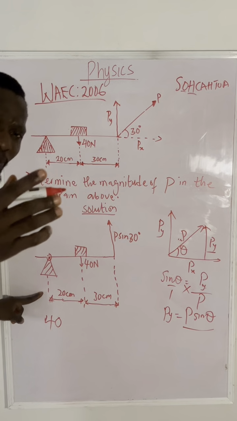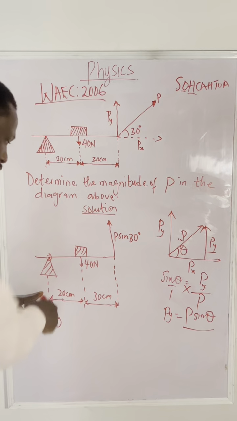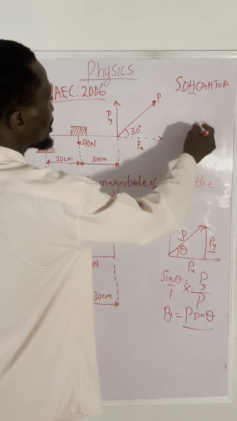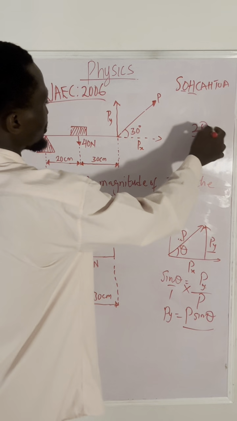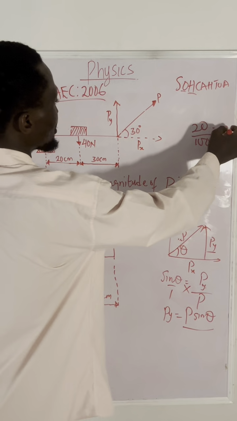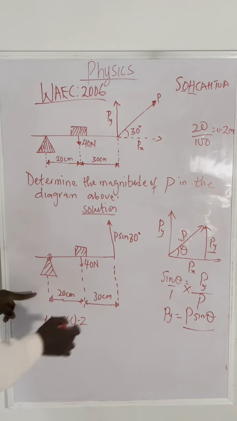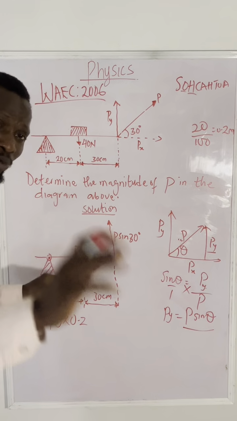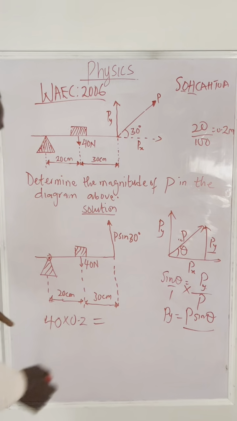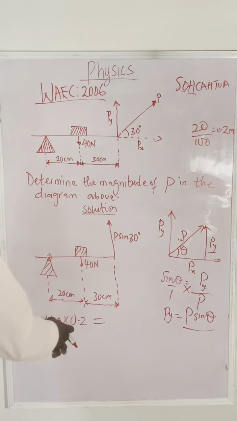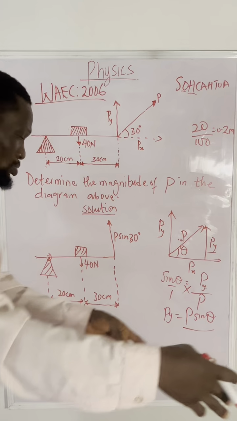But we are going to be using meters, so 20 centimeter changed to meter is 20 divided by 100, right? So that's going to be 0.2 what? Meters. So we're going to say times 0.2, right? Then that is the only clockwise moment that we are going to have here, equal to the anti-clockwise moment.